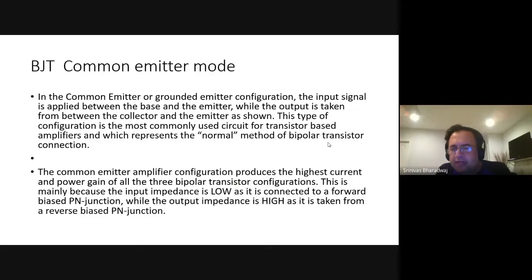Now when we say common emitter, basically in an NPN combination, there are two voltages. One is the voltage between the base and the emitter, and the other is the voltage between the collector and the emitter. The voltage between the base and the emitter is called the input voltage.